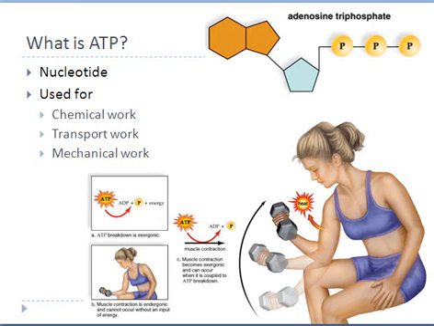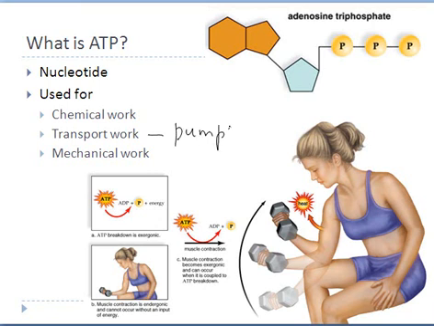Now, the energy that is released by all systems is used for some of the chemical processes, chemical reactions, which are making up the macromolecules or breaking up the macromolecules. Sometimes ATP is also used, for example, pumping substances across the membrane.